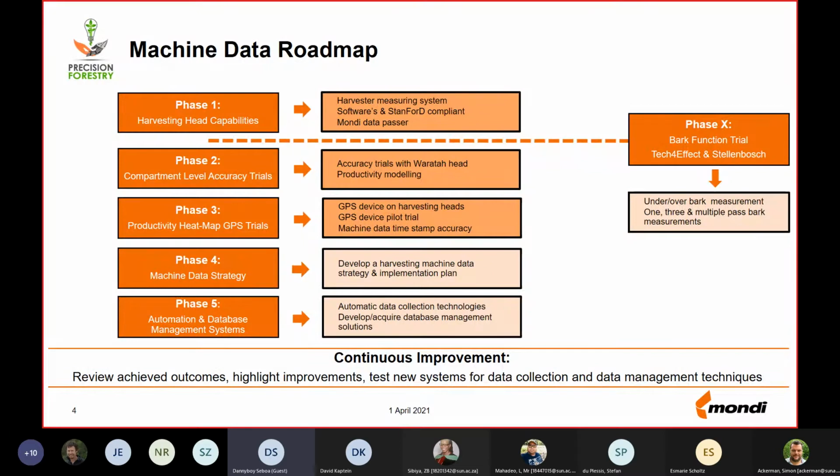And then we want to see whether 1, 3, or multiple passes actually have an influence on the harvesting measuring system. So with this project, we have adopted a culture of continuous improvement to constantly review our achieved outcomes, to highlight improvements, and test new systems for data collection and data management techniques.